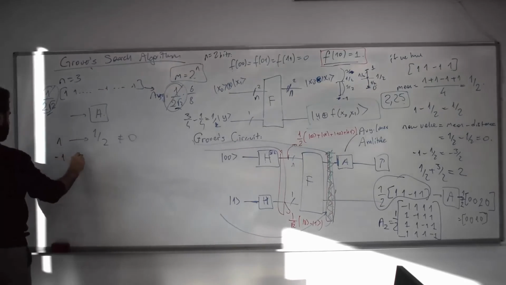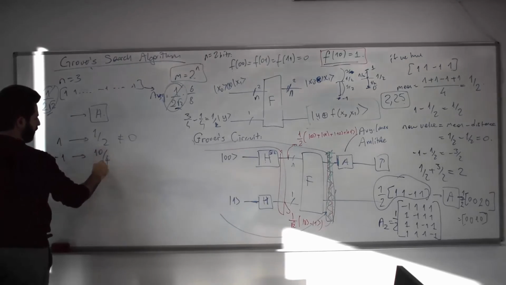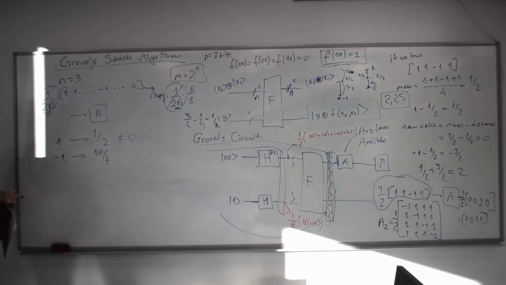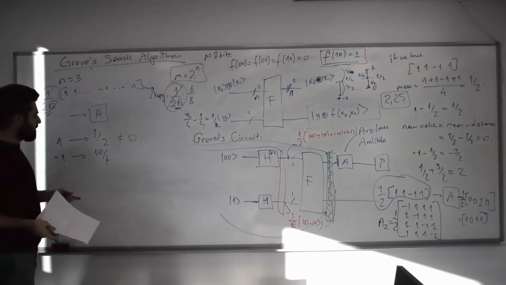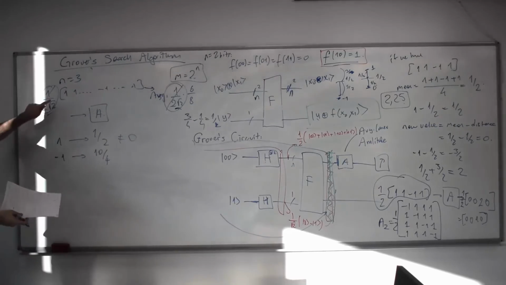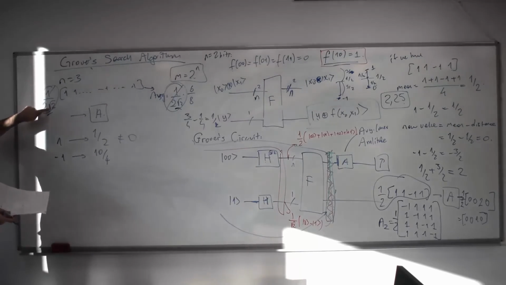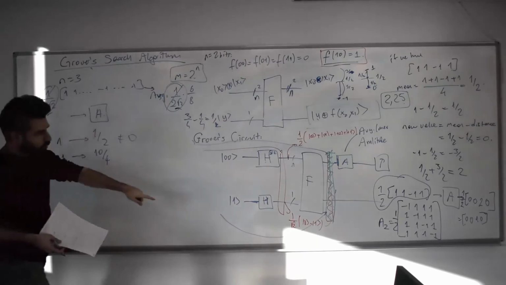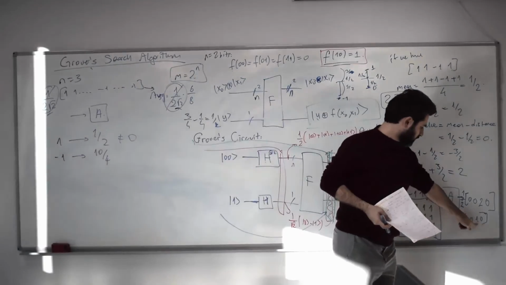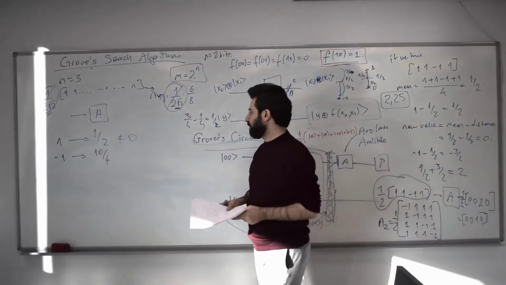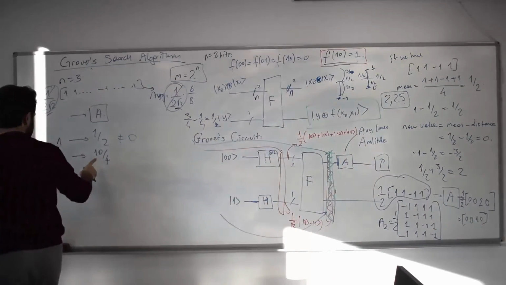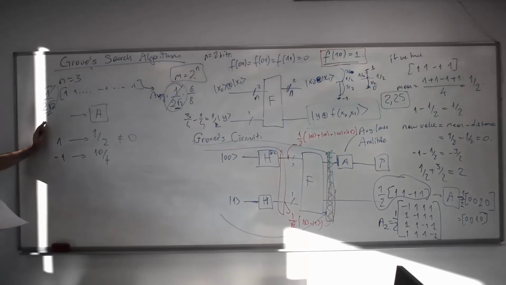How about minus 1? Minus 1 is going to transfer to 10 over 4. And apparently if you multiply this 10 over 4 with 1 over 2 square root of 2, it's not going to be 1. It was 1 in here. If you do the calculation, it is not 1. So therefore, this is not what you want.